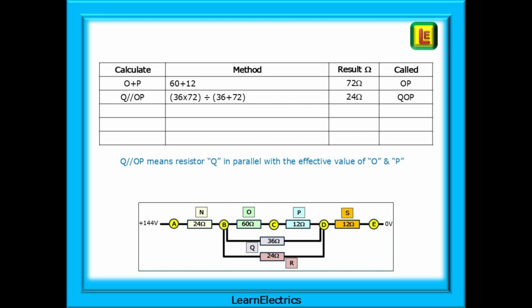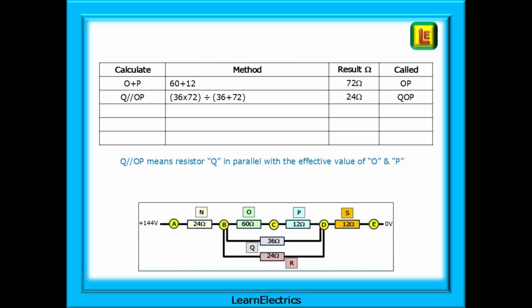Now for the next resistor between nodes B and D. This is Q and is in parallel with OP, so we show this as Q // OP, the slashes signifying a parallel operation. This is 36 multiplied by 72 divided by the sum of 36 plus 72.